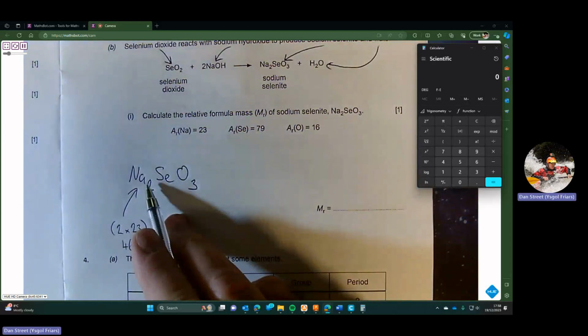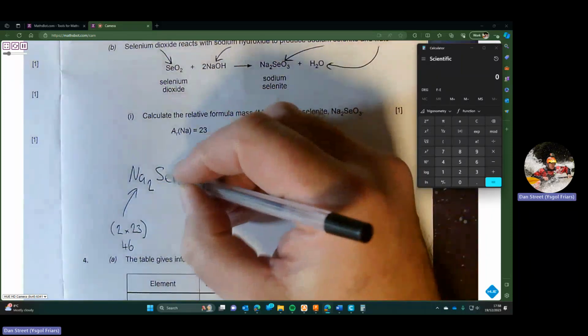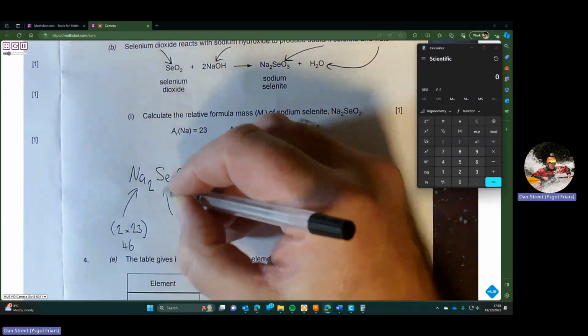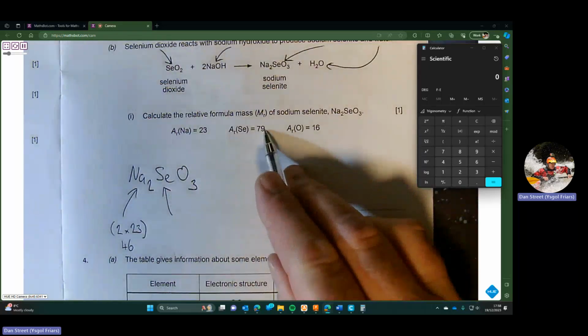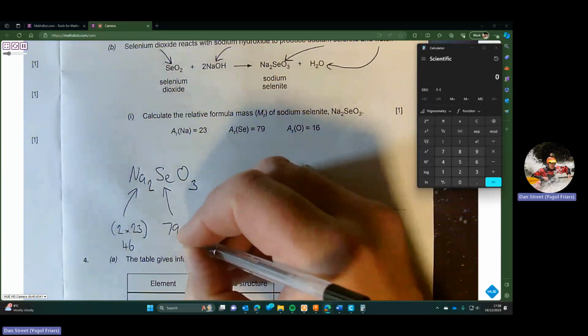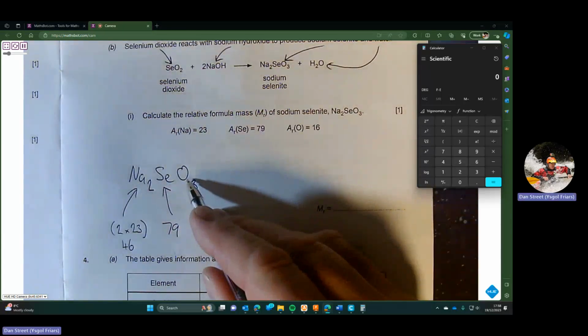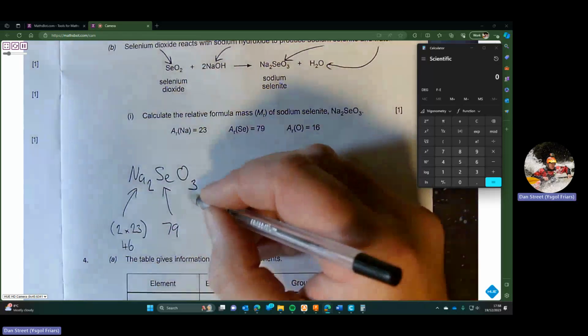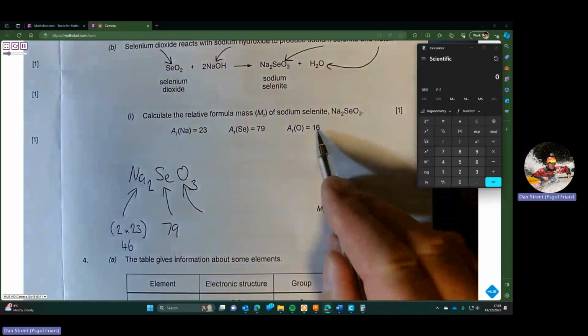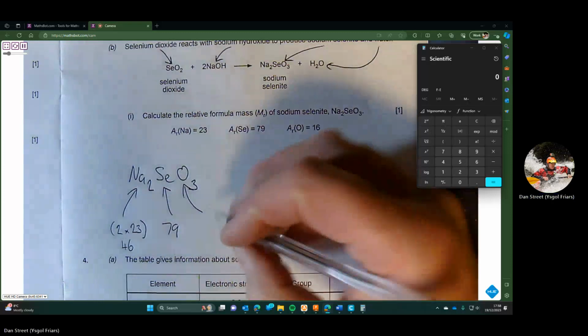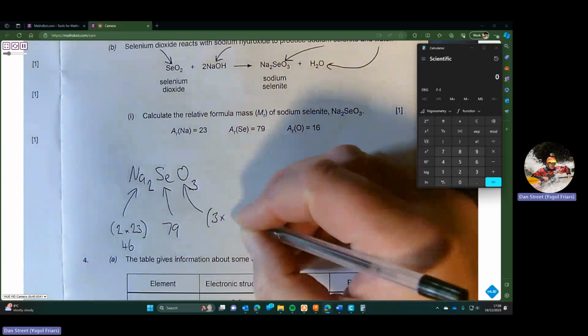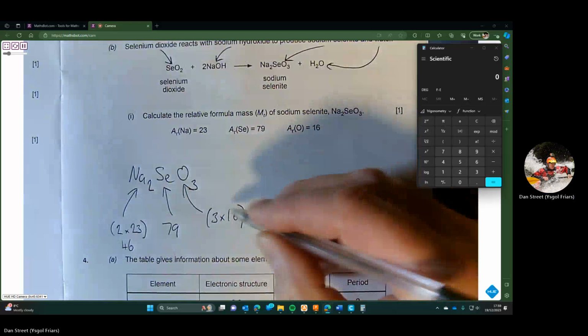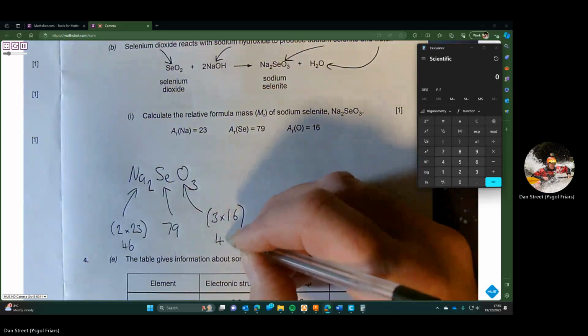So the mass of sodium in this formula is 46. Selenium, there's no number next to selenium, so we know there's only one of them, and selenium weighs 79. And then the oxygen, there are 3 oxygens, and 1 oxygen weighs 16. So 3 times 16 is 48.